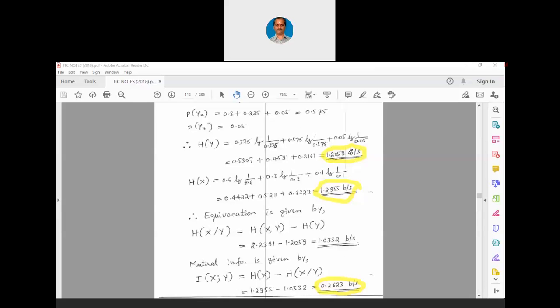That information was not from the source. And 1.2955 minus 0.263, that much of information is lost in the channel. That itself is h of x slash y. That itself is the equivocation from the source side that is lost.